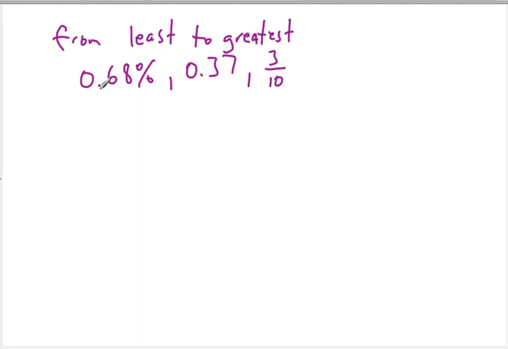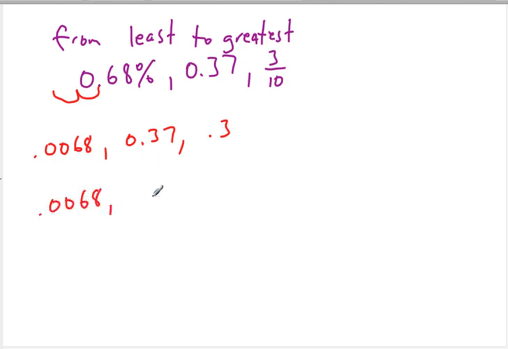As a decimal, that's actually 0.0068. 0.37 is already in a decimal. 3 over 10 is 0.3. So from least to greatest, it goes 0.0068. That's the very smallest one. Then 0.3 and 0.37. And that is it.